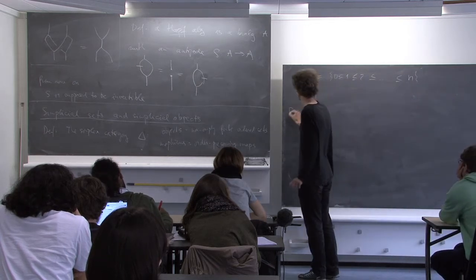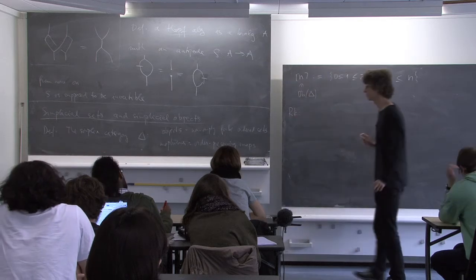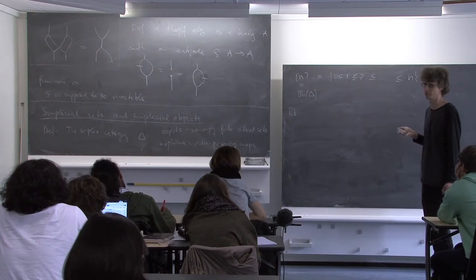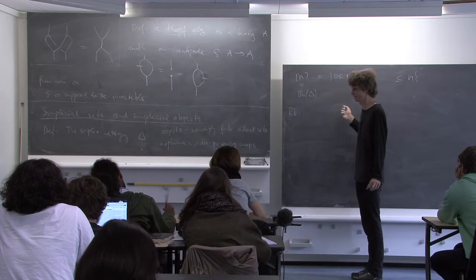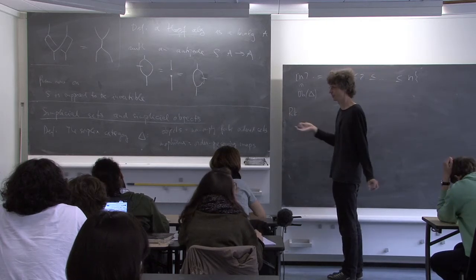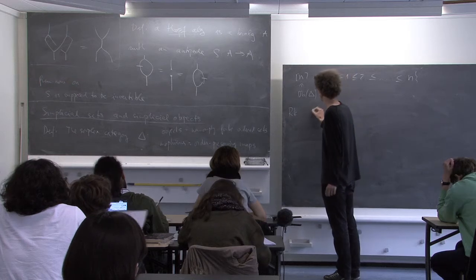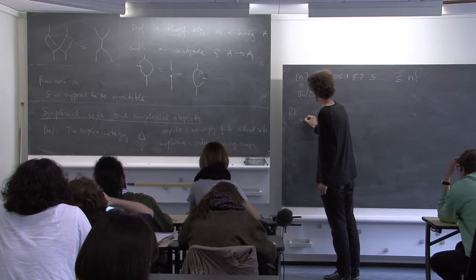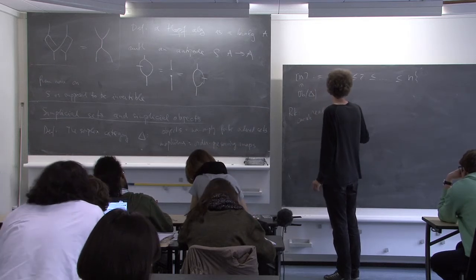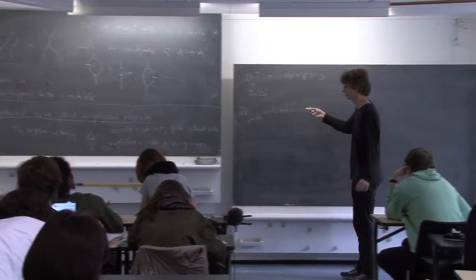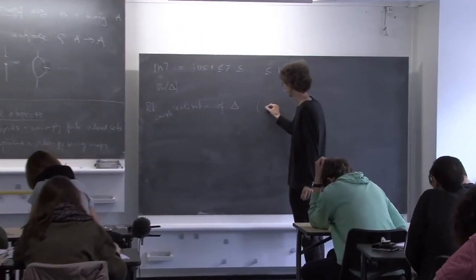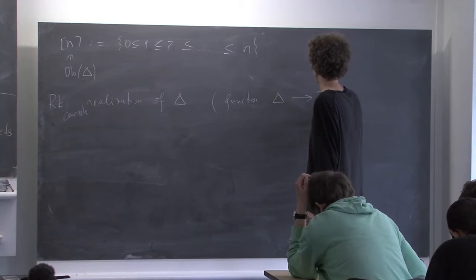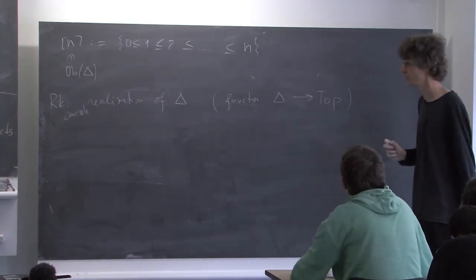Now, why does one imagine this category of simplices? Some kind of remark to understand this better: there is a realization of this category by something concrete, really a functor going from delta to Top, the category of topological spaces.